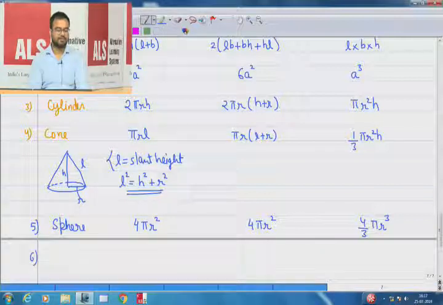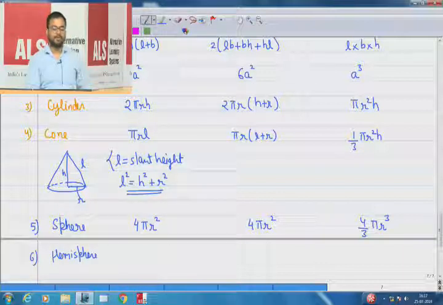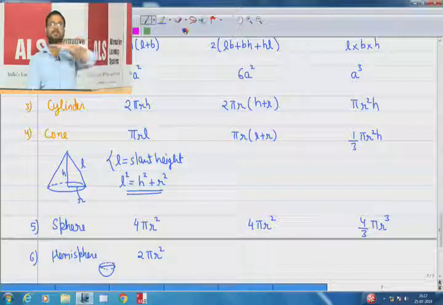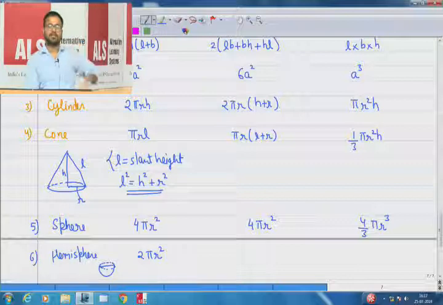And for hemisphere, the curved surface area is 2 pi R square, just the half of the sphere, and since when we cut the sphere into hemisphere, one new surface is generated on the top, which is in the shape of the circle also.